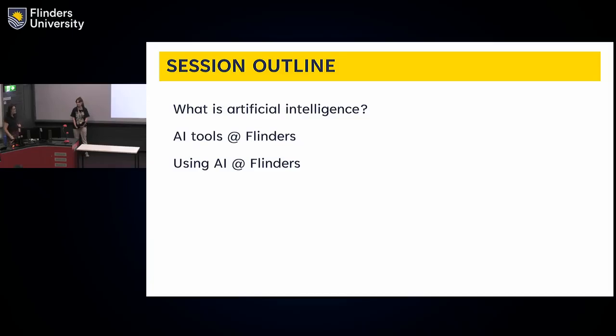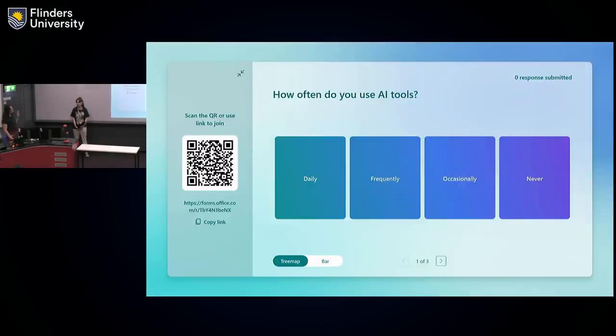To get us started though, hopefully this works. If anyone's got a device, a phone on them, we would love for you to tell us a little bit of information about how you use AI so that we can get a feel for the room, see where you're all at. So if you could open the QR code, there are 3 questions and these should populate as you answer.